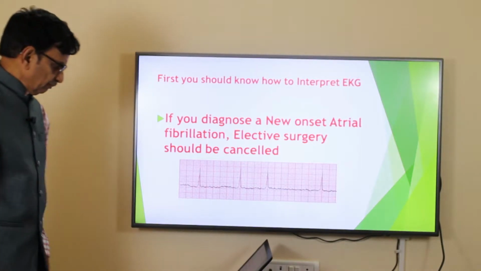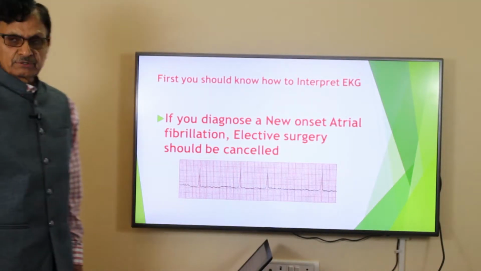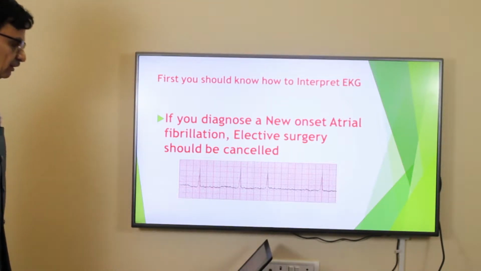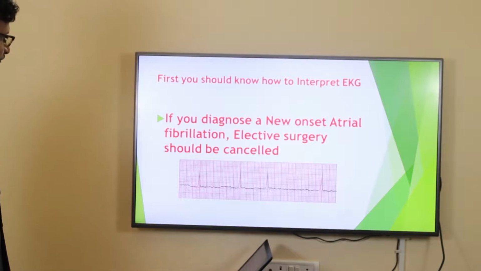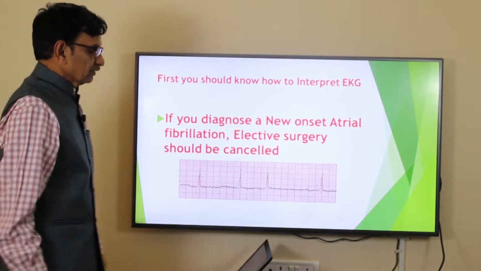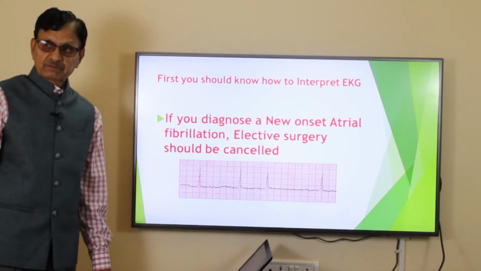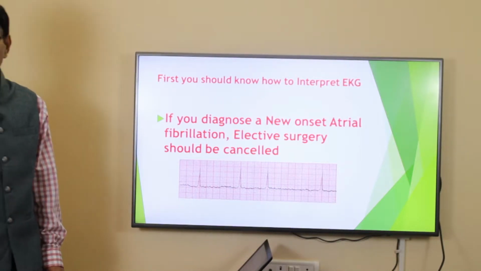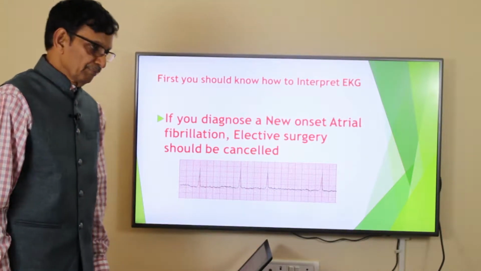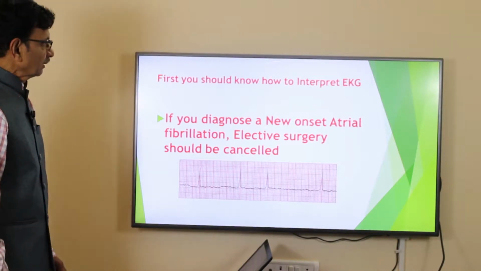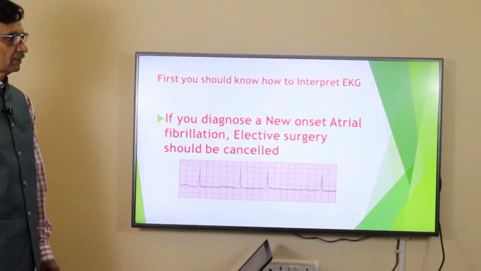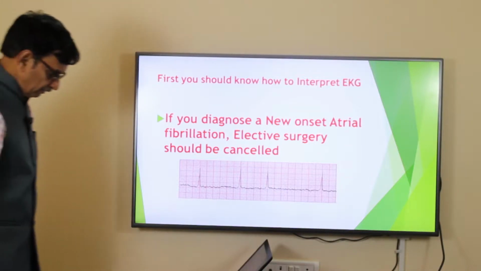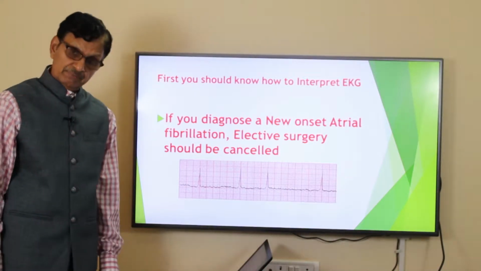Now, when a patient comes to you for a non-cardiac surgery and you're not sure whether that patient is fit to proceed, either because of his general medical problems, or because you're not sure about his cardiac condition and you're in doubt whether to refer to your cardiologist or get his opinion, there are some basic steps as per the guidelines.